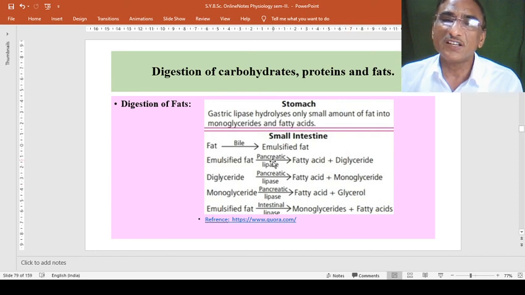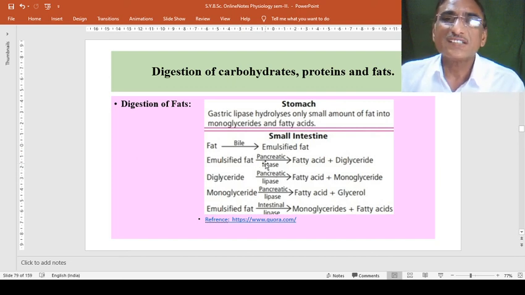And everywhere pancreatic lipase is responsible, except intestinal lipase, which converts emulsified fat into monoglycerides and fatty acids. So this is a simple way that converts fat into emulsified fat in the presence of bile and pancreatic juice, that we have already seen.